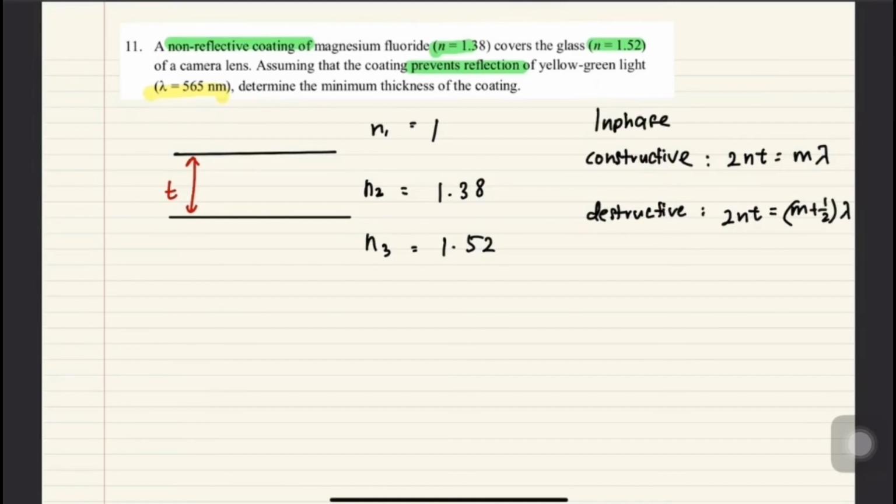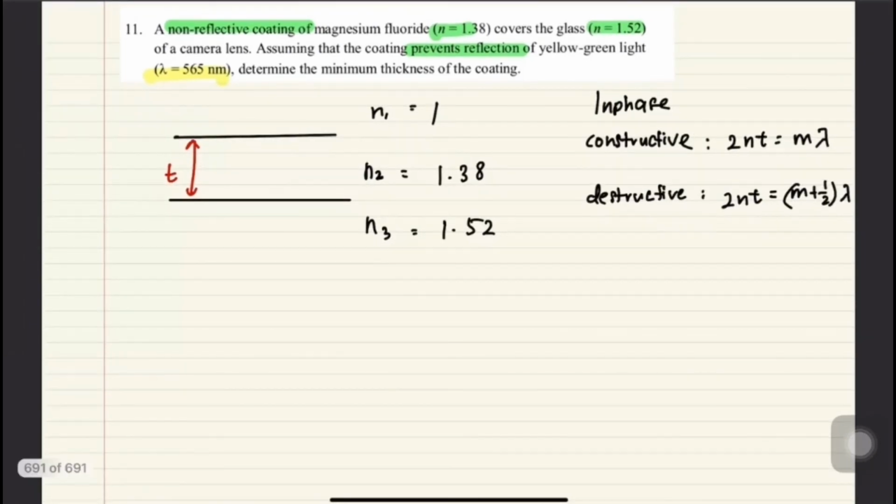Okay, so the question says, assuming that the coating prevents reflection of this lambda, determine the minimum thickness of the coating. So do you want to use constructive or destructive? It says that this one wants to prevent reflection. Do you see the yellow-green light or not? No, right. So it is destructive interference. Actually the reflection still happens, just that they cancel out each other.